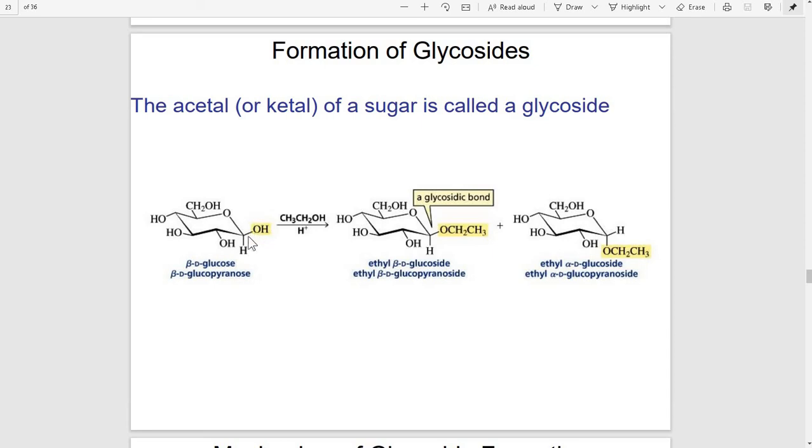This OH is the anomeric carbon containing OH. This is called the glucosidic bond, and we get ethyl beta D glucoside or ethyl beta D glucopyranoside. We get two products, the alpha product and the beta product. In the beta product the group is at the equatorial position, and in the alpha compound the incoming group is at the axial position.